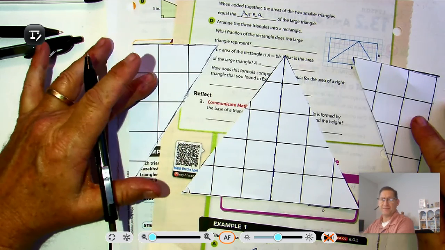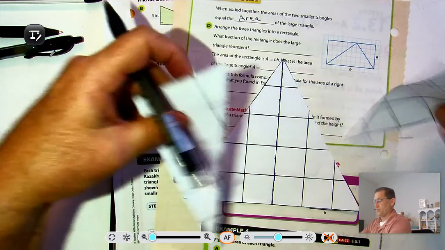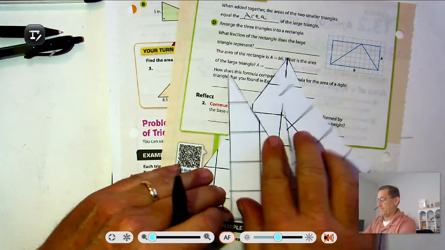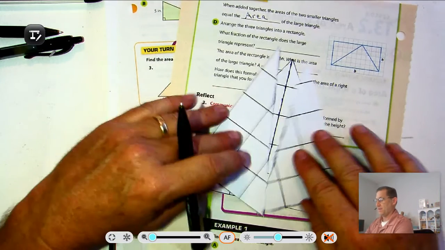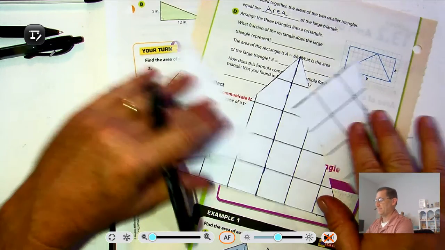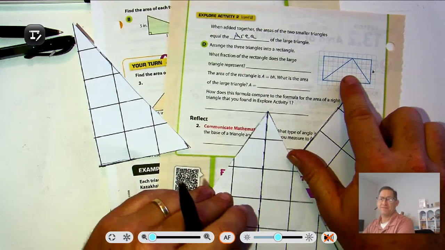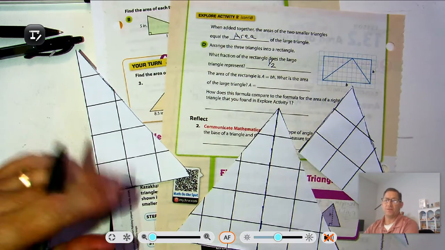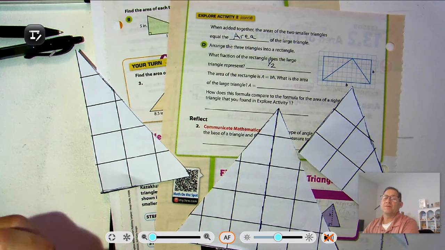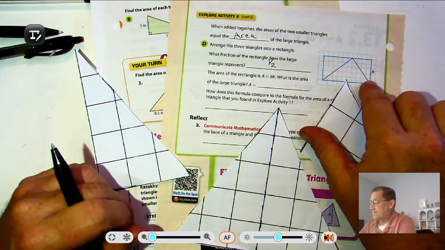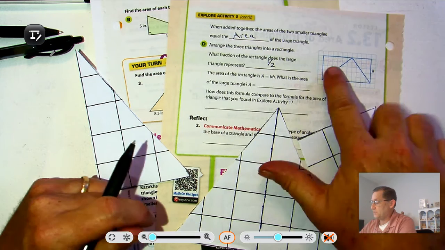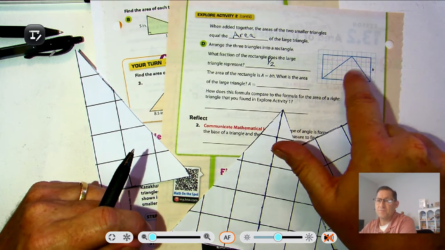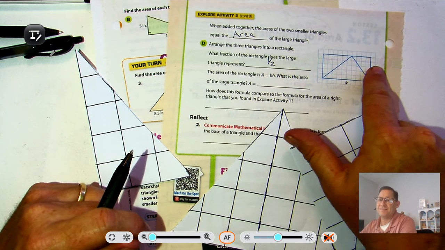Again, we have three pieces, but these two matched the area of the large one, right? So the large triangle is one half the area of the rectangle because these two pieces represent the copy of the triangle that we cut into two pieces.